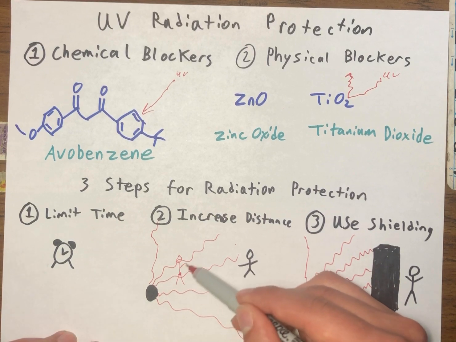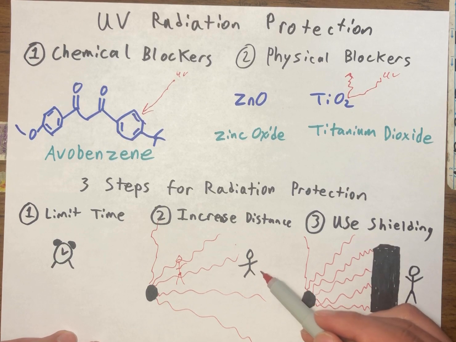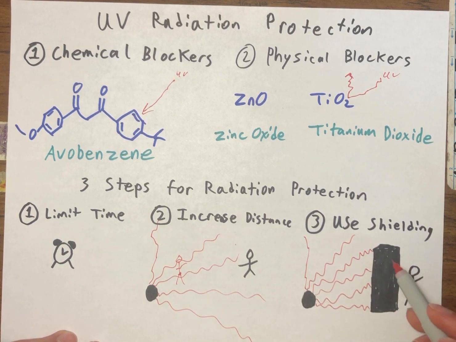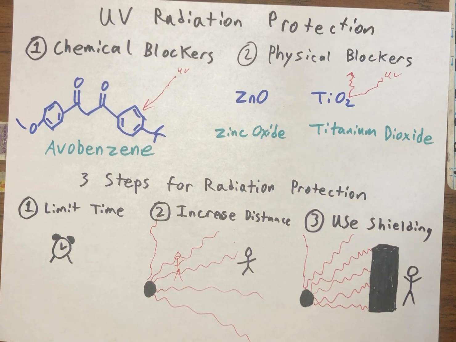He'd be taking twice as much energy as he is back here. And lastly, use shielding. If we just stay inside all day, then this UV radiation or whatever radiation is coming from this source is unable to reach us, and we'll be safe and sound.